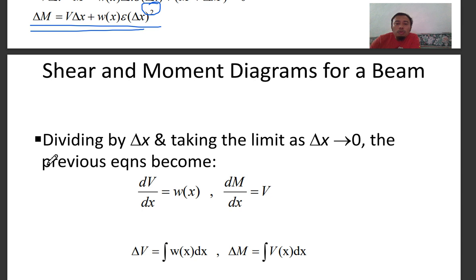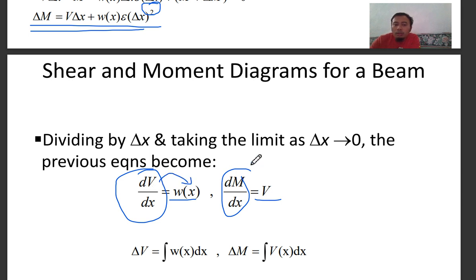By dividing by delta x and taking the limit as delta x approaches 0, the previous equations become dV over dx equal to w(x), and dM over dx equal to V, as we discussed before. When you differentiate the function of shear, you get the distributed load.